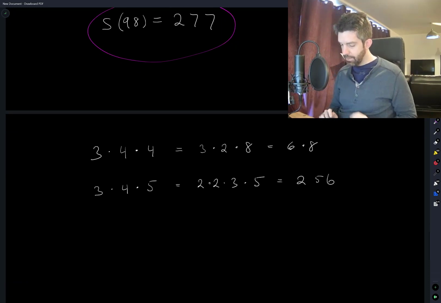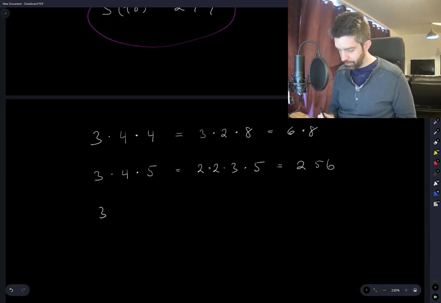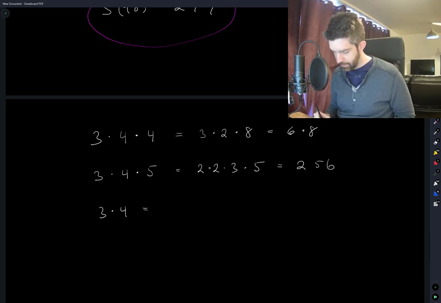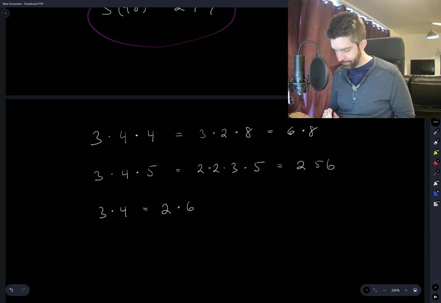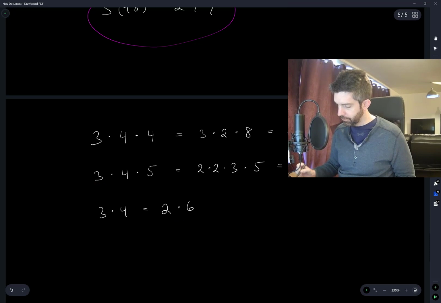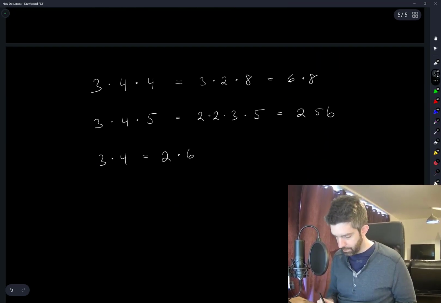Right, the 3 and 4 is the problem, right? Because 3 times 4 is the same as 2 times 6. So if there's a 3 and then a 4, that's going to be illegal because that can be replaced with a 2 times 6. So 3 times 5 times 5.